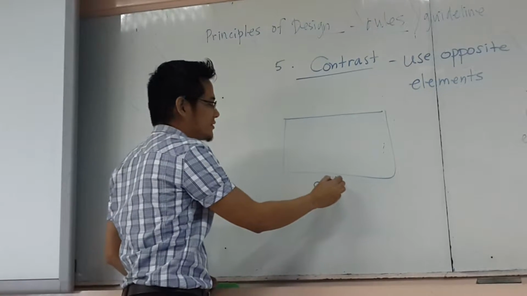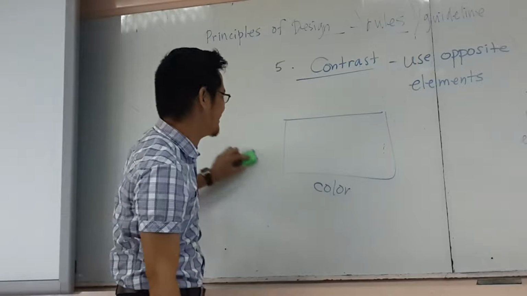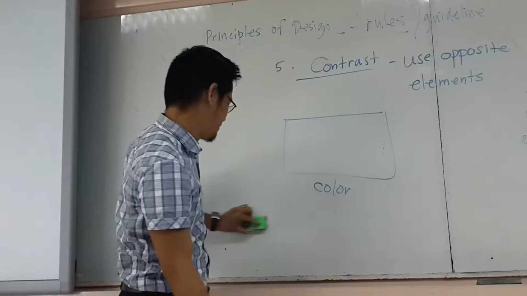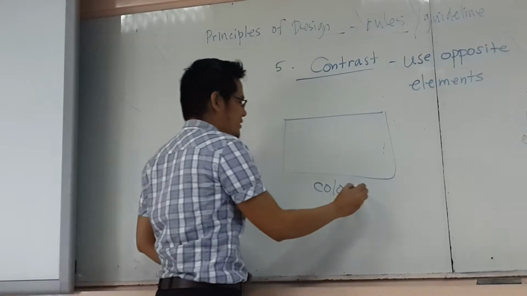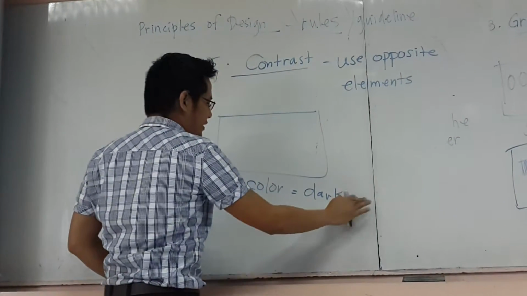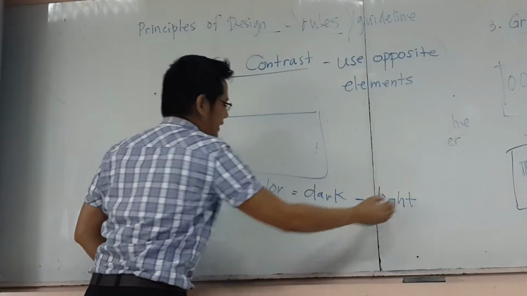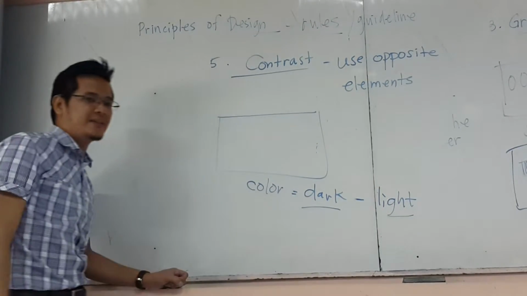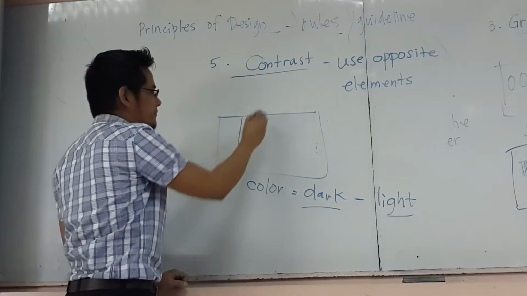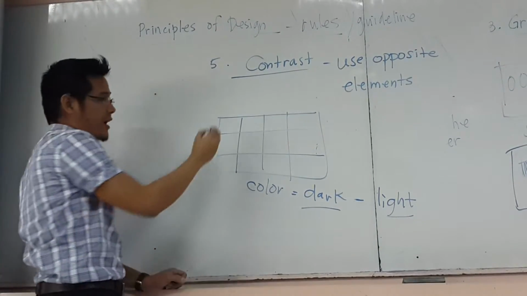Opposite color? Okay, dark versus light colors. Dark and light are opposite each other. Black and white. Okay, this design is very common.